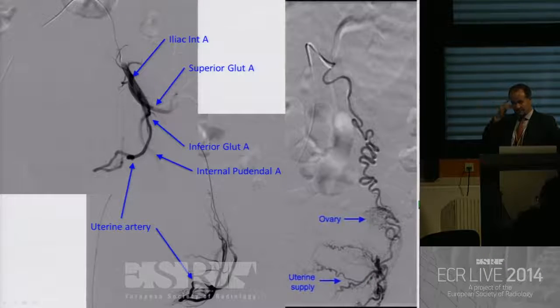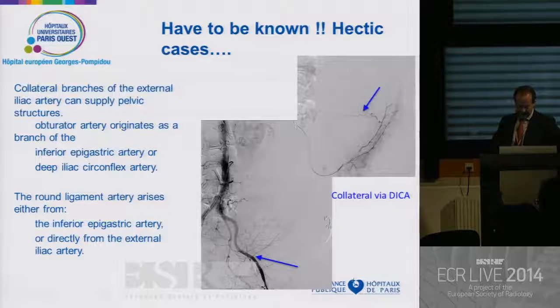So keep in mind that if you don't find the uterine artery, you have to find another way to catheterize it. And in some specific conditions, especially with advanced cancer, or when the patient has had surgery or ligation, there is some collateral coming from the obturator artery, the inferior epigastric artery, and the deep iliac circumflex artery.